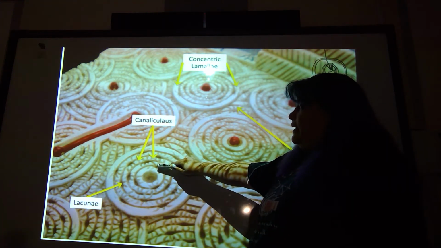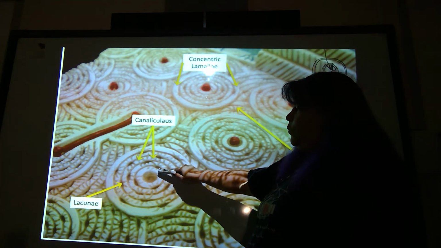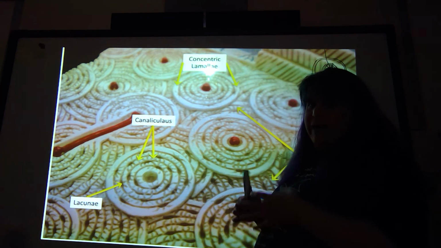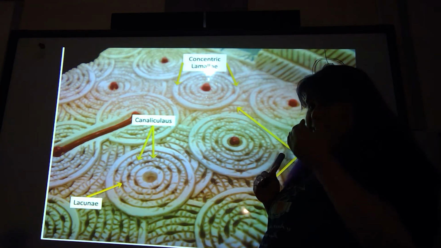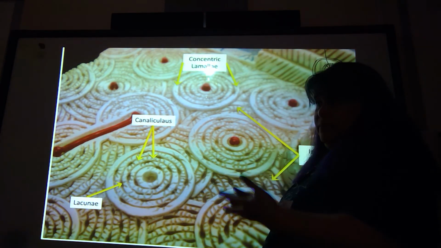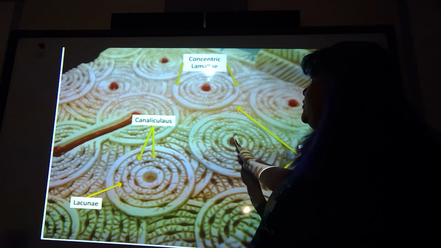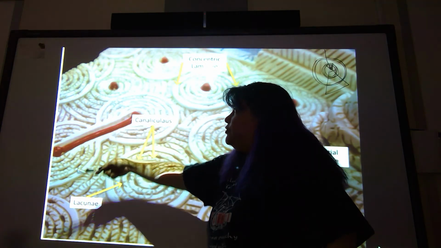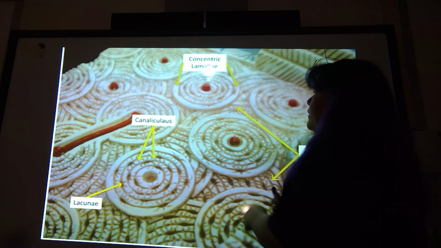Here are the canaliculi. Where the cells would be is the lacuna. So again, you see space. You don't actually see a cell. That would be the place that was holding it, so it's the lacuna. Central canals. Here's a perforating one that they actually have exposed at the top.